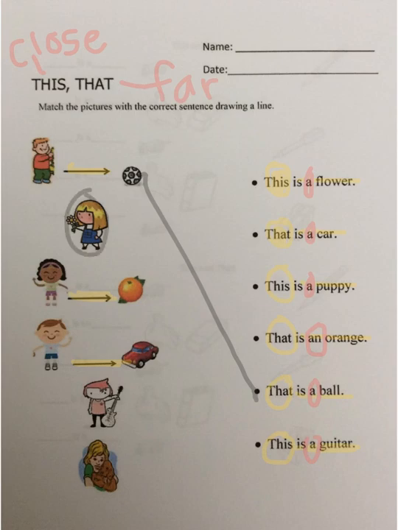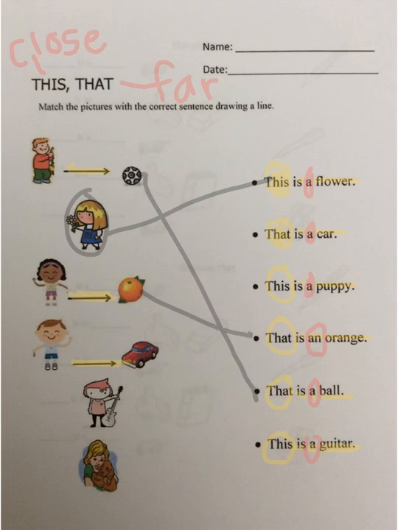And she's holding the flower. That's very close. So it should be this is a flower. Now we're on the girl with the orange, and it's showing the orange is not close. That should be far away. That would be that is an orange.